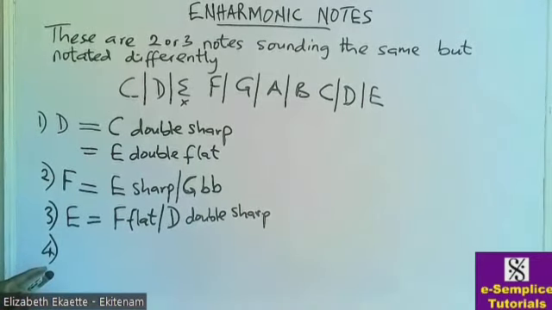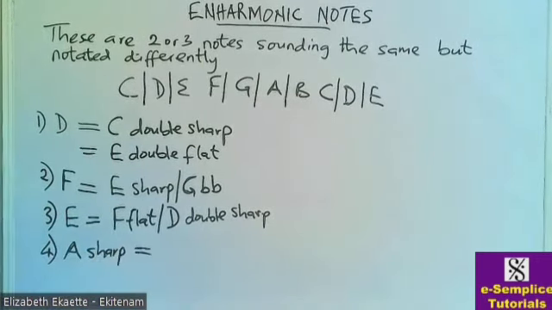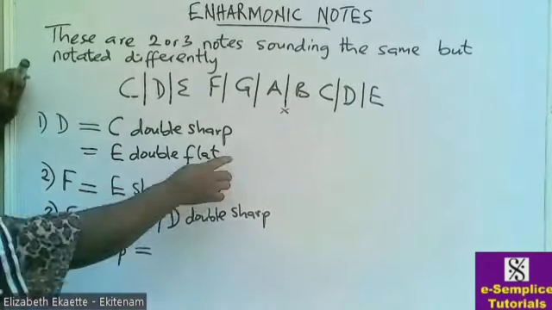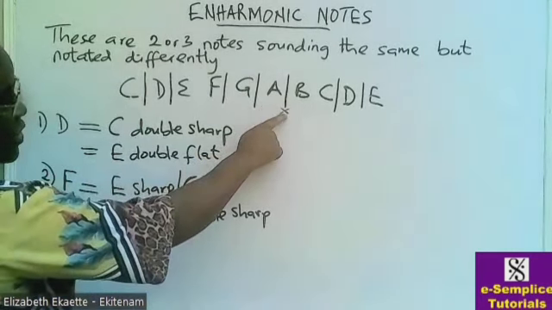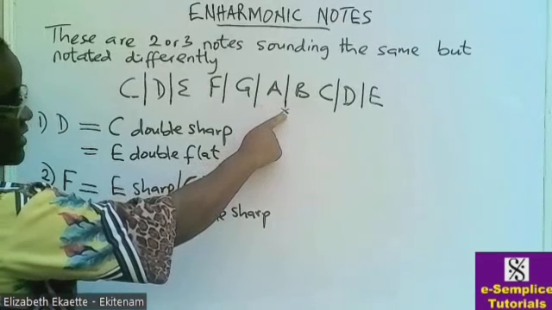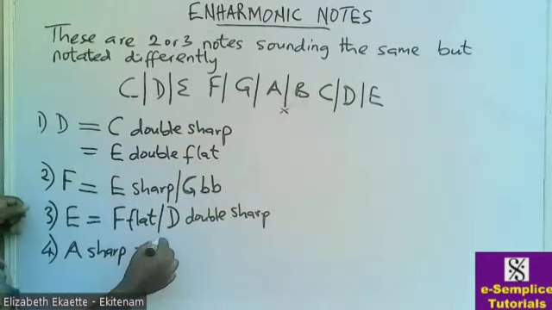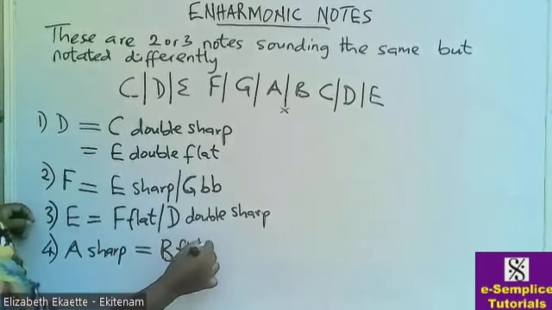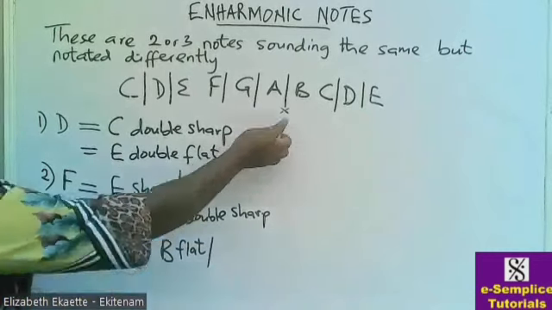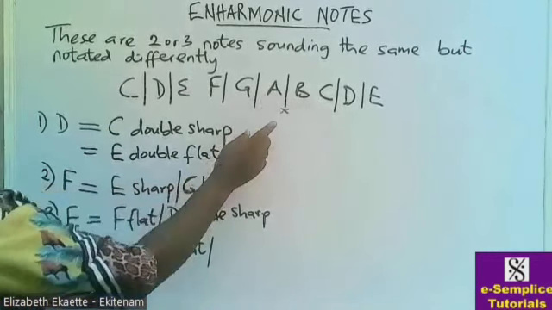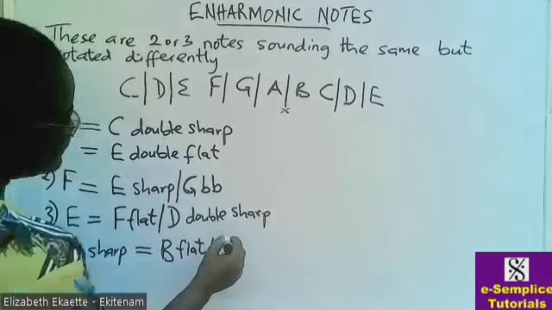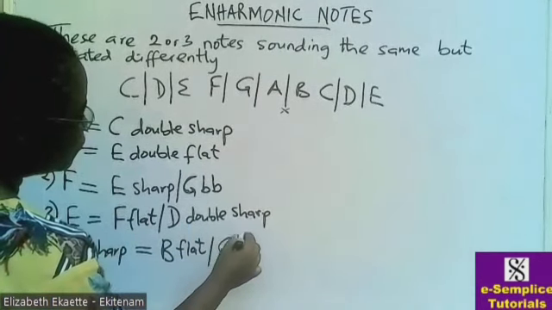Let's take another question. Let's look at A sharp. From the keyboard, this is A sharp. Merely looking at it, since this is a black key, every black key has two names. So this is A sharp or B flat. So that's already telling you that B flat will sound exactly like A sharp. Another enharmonic there is C double flat.